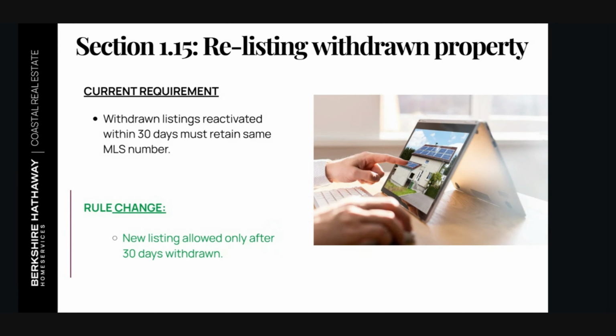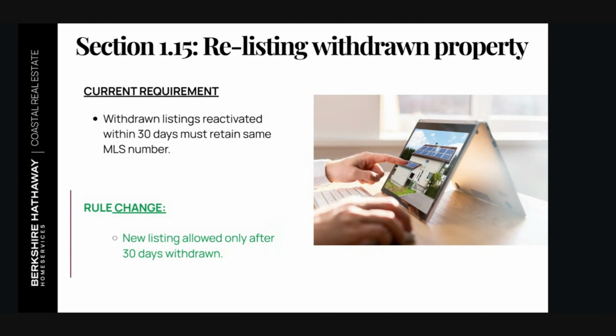Examples of violations would include withdrawing a listing and immediately re-entering it as a new listing, withdrawing a listing to solely reset days on the market, or entering duplicate listings to create the appearance of a new property. If this occurs and is identified by MLS, the listings may be merged, the days on the market may be recalculated, and fines may be assessed under MLS violation procedures.